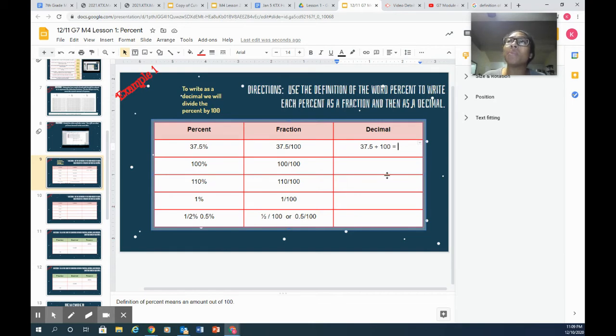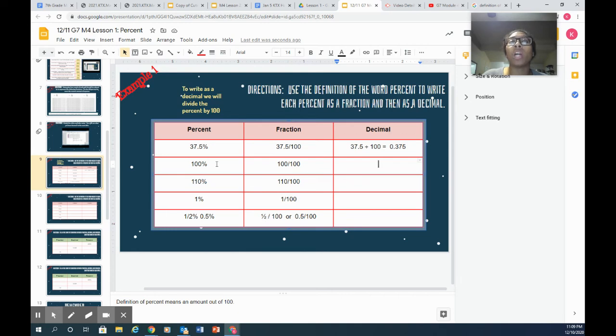So we can rewrite that 37.5 where our 5 that was in the tenths place, in the first shift, moves to the hundredths place, and in the second shift, it'll move to the thousandths place. So we rewrite this in decimal form: 37.5% is written as 0.375, or 375 thousandths.